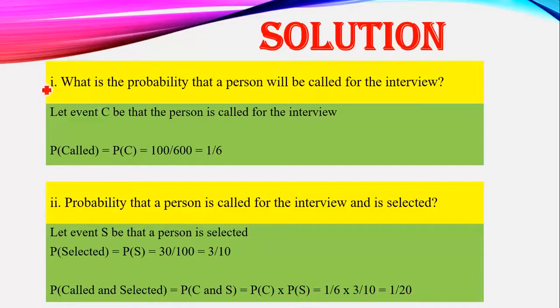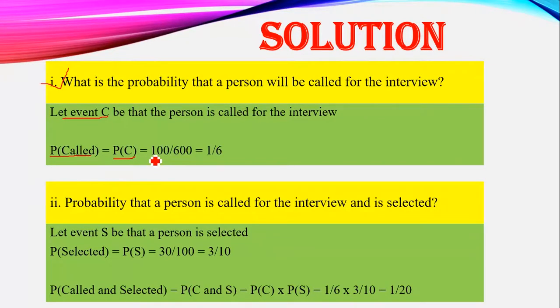Let's start with the first one. What is the probability that a person will be called for the interview? So we are told that we have 600 candidates, and out of the 600, 100 of them will be called for the interview. So let C be the event that the person is called for the interview. So the probability of being called, which I'm representing as PC, will be given by what?